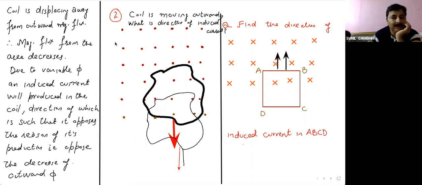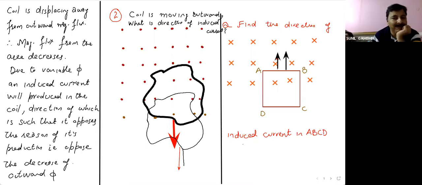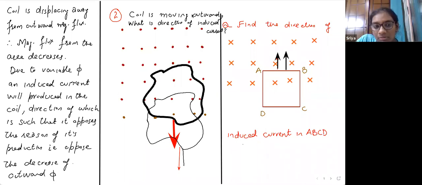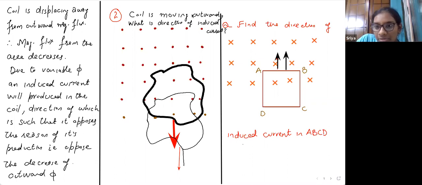Now you see, which flux is increasing, inward or outward? Inward. Inward flux is increasing. How can you oppose it? By producing it in the opposite direction, that is outward.